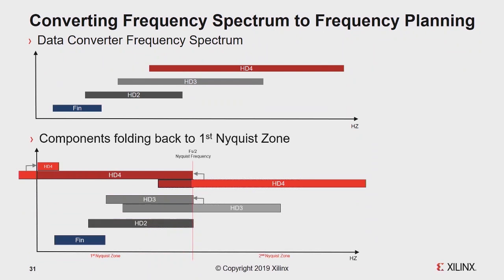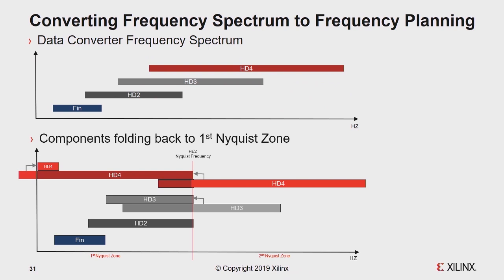When we introduce the Nyquist frequency FS/2, if the signal is larger than the first Nyquist zone, like HD3, the harmonic distortion will fall back to the first Nyquist zone, and then HD4 is larger than the second Nyquist zone, and it will fall back to the first Nyquist zone. So the whole first Nyquist zone will be dominated by the HD4.